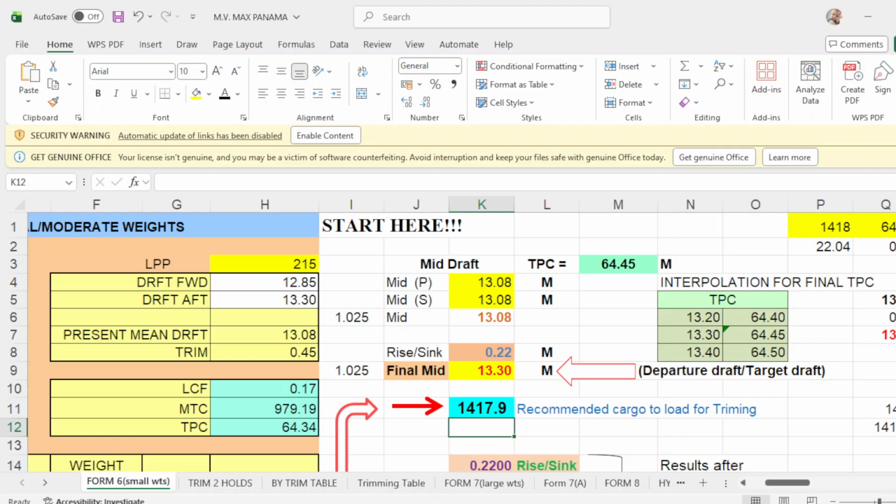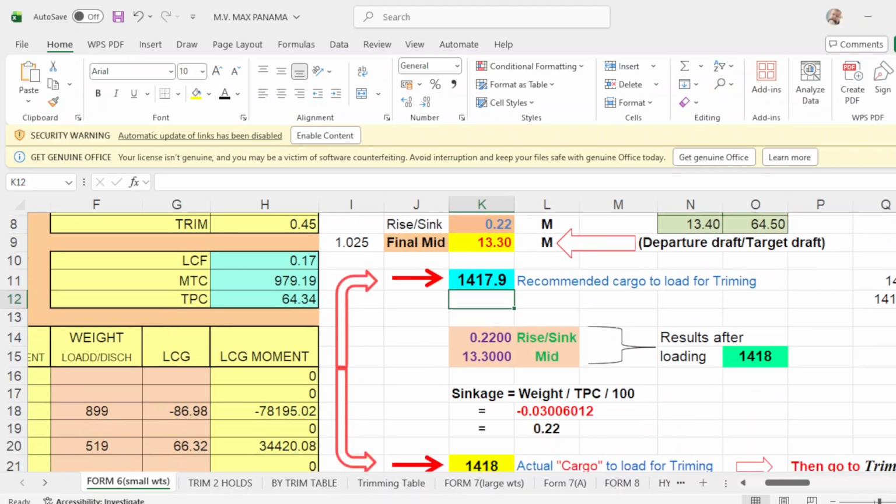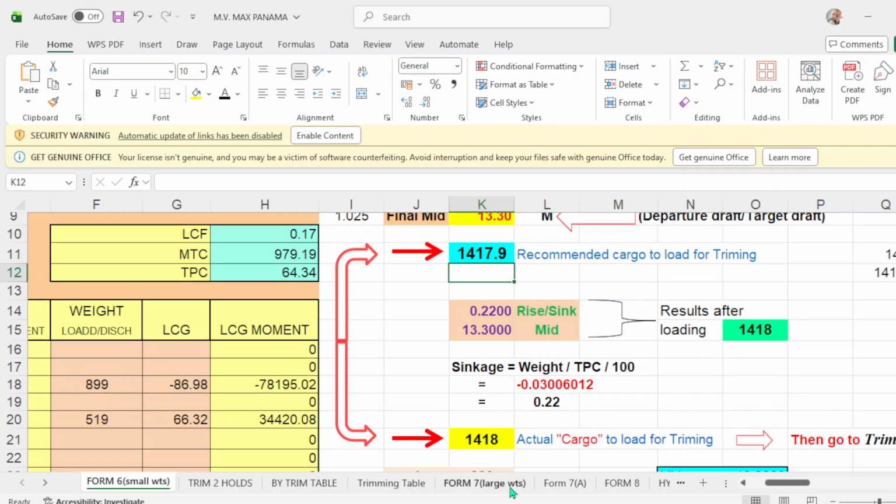You see this arrow, you scroll down and make this a round up of 1418. So when you press this one, what happens if you load 1418?